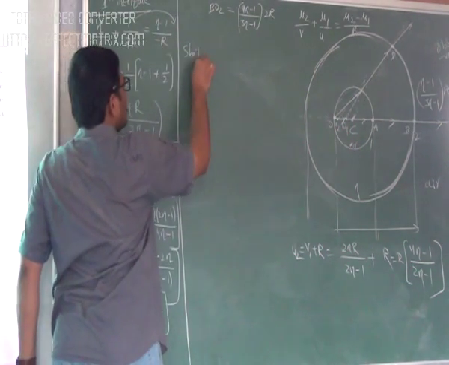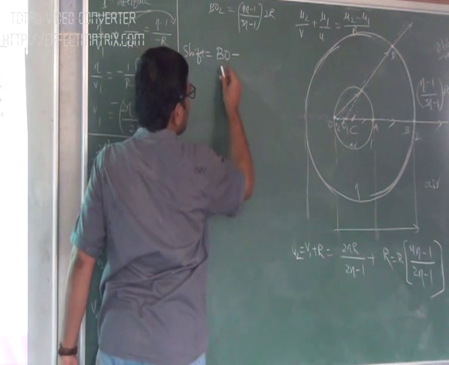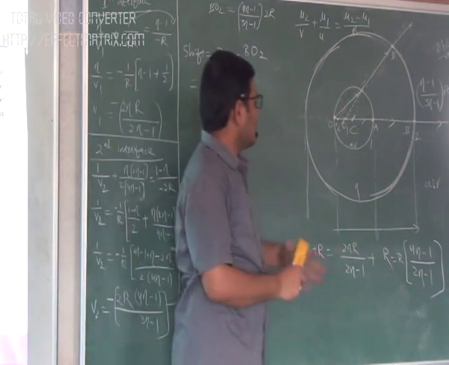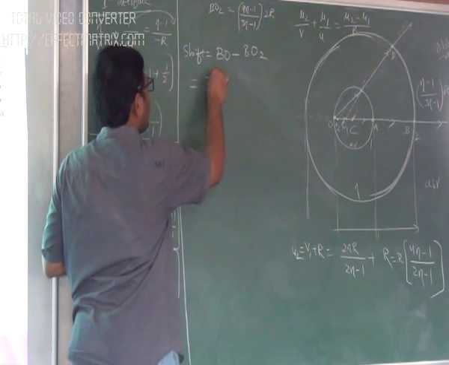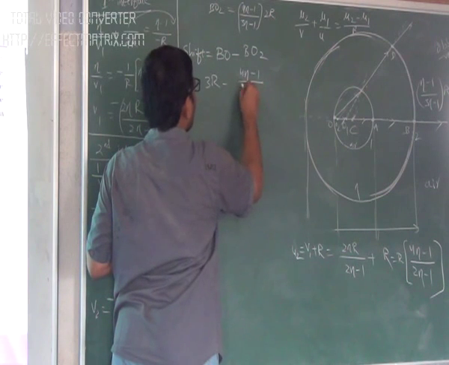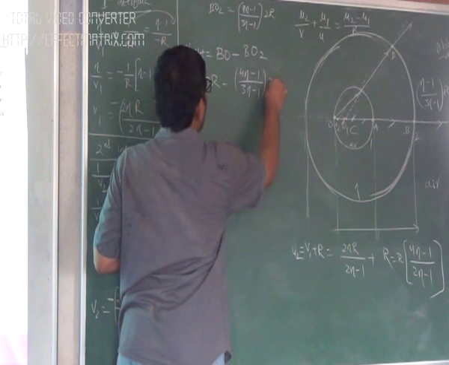I need the shift. Shift is nothing but BO minus BO2. What is BO? BO is 3R. So 3R minus (4 neta minus 1) upon (3 neta minus 1) times 2R.